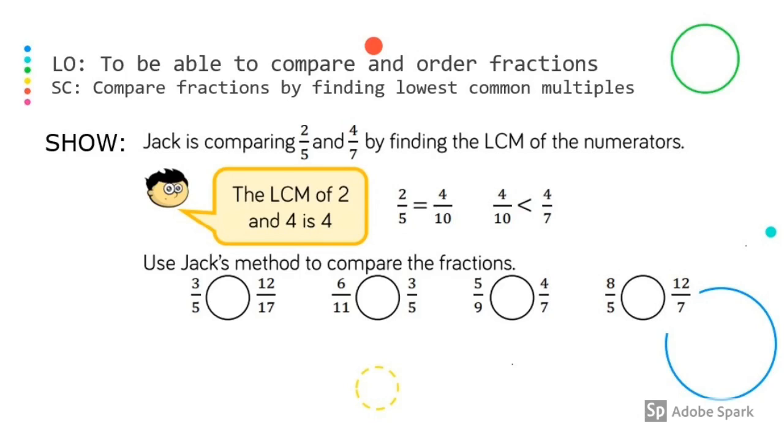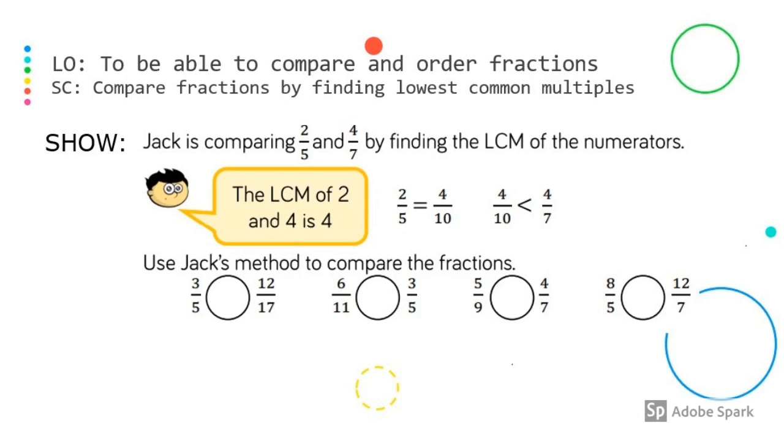I want you to try and use Jack's method to compare fractions now. So you're going to need to find equivalent fractions where the numerators are both the same, and you're going to need to use the lowest common multiple to find this. For example, I know that in the first question, 12 is the lowest common multiple of both 3 and 12.